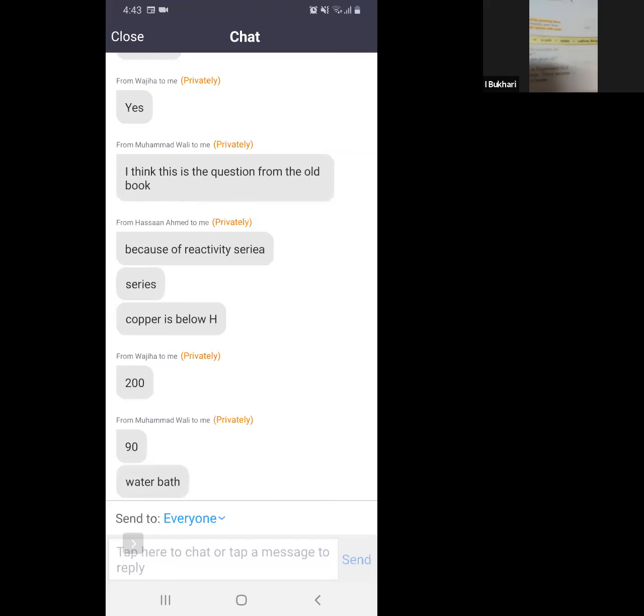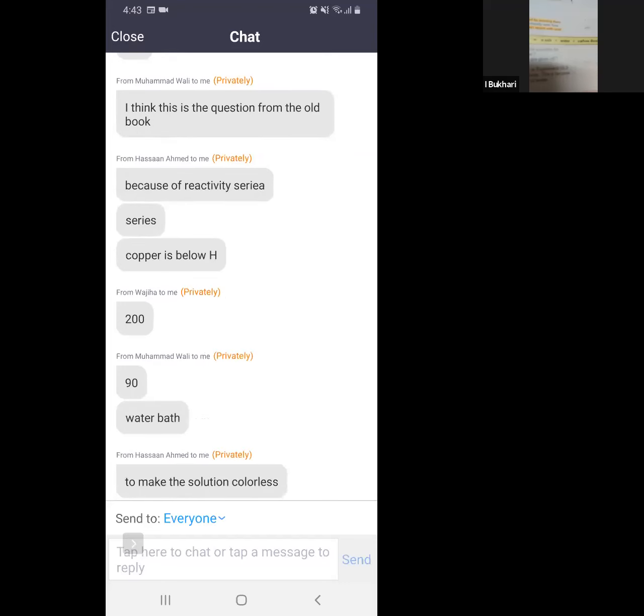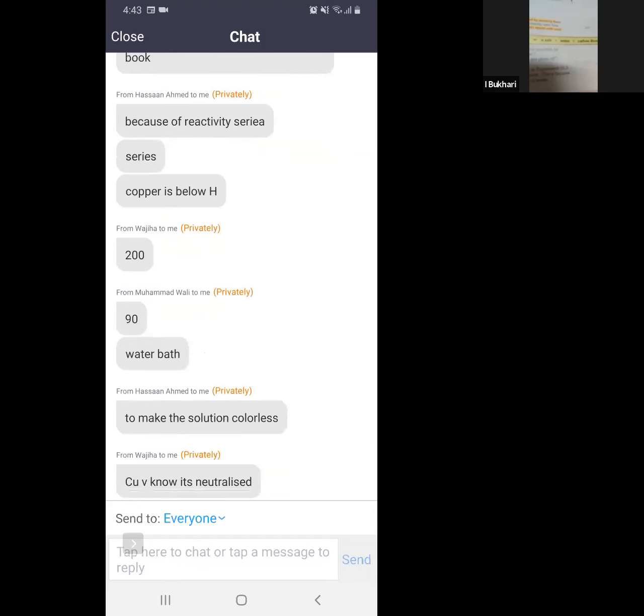Why would we stop adding when the copper oxide settles at the bottom? Yes, Wajiha.